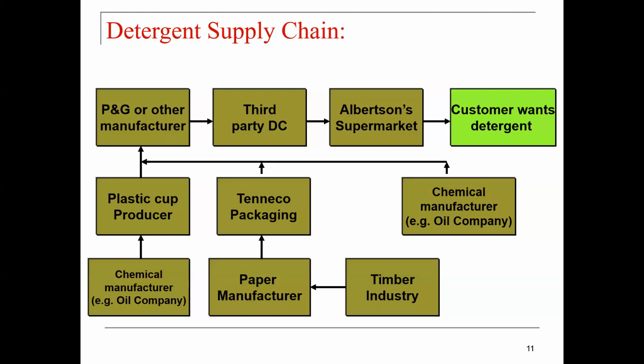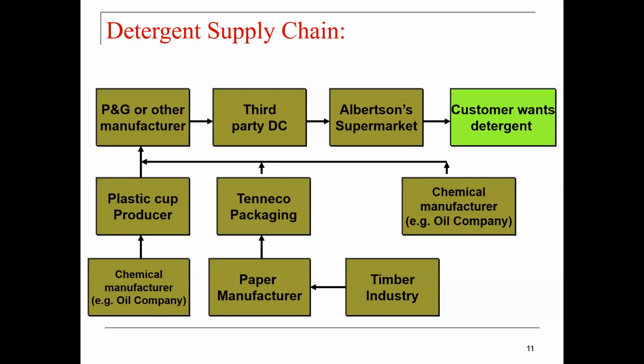So here's a detergent supply chain. We have what the customer wants, and then we go backwards. We start with a green square: the customer wants the detergent, and then we have a supermarket, in Texas that would be HEB.